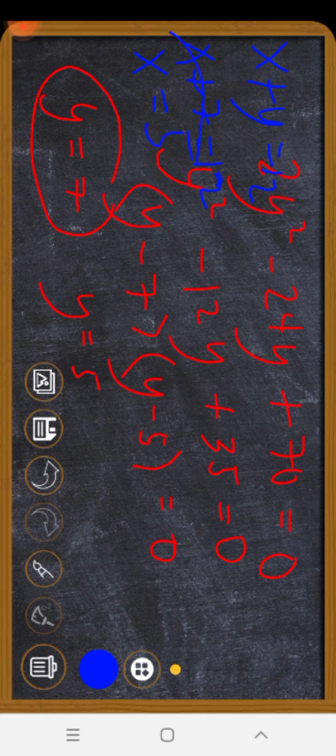Therefore our answers are 5 and 7. Or if you choose y as 5, then it will give you x is equal to 7.